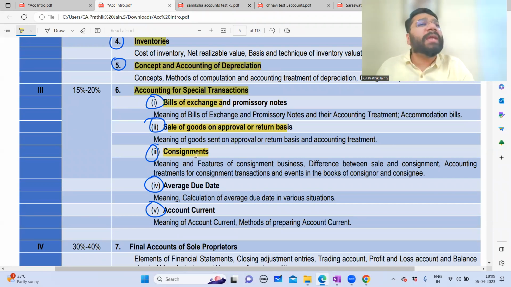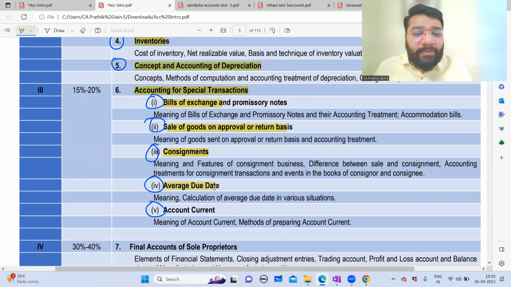Hardly there have been 2 or 3 attempts where a question on consignment is not asked. I remember that was December 21 and December 22 attempt. But every other attempt they've asked consignment for solid 10 marks. So very important topic. And for this, the understanding of your 11th standard financial statement and adjustment of financial statement is very much required. So again, this is a brand new chapter.